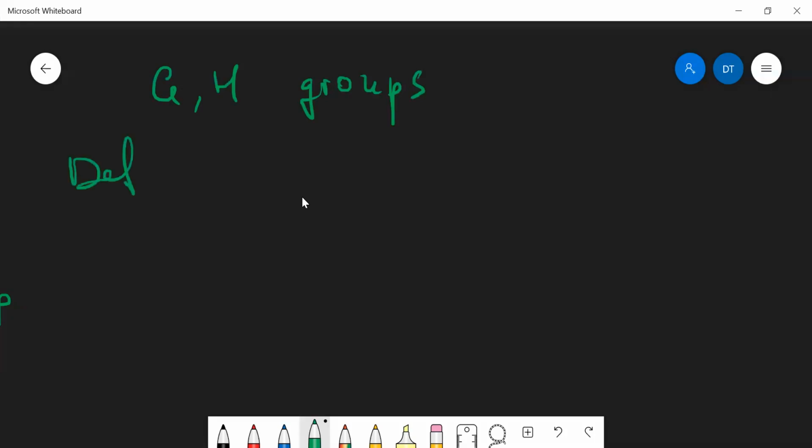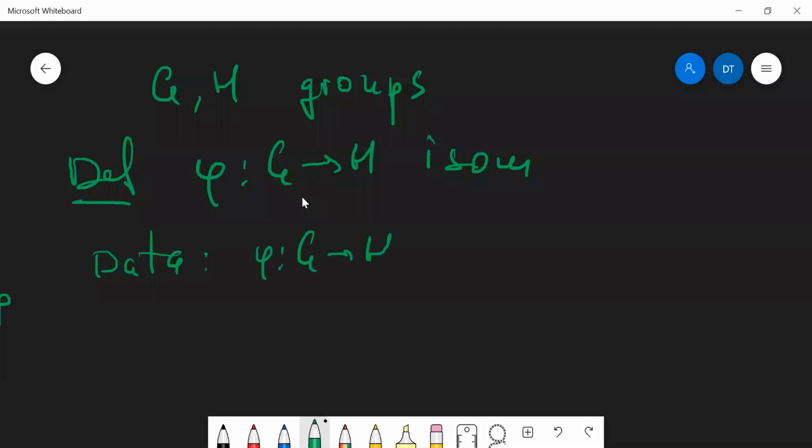The definition. I want to define an isomorphism from G to H. So again, what kind of data do we have? So phi must be a homomorphism. Phi from G to H is a homomorphism.